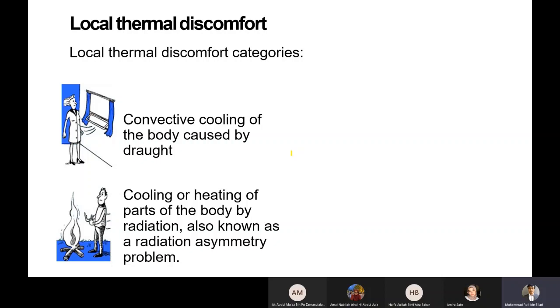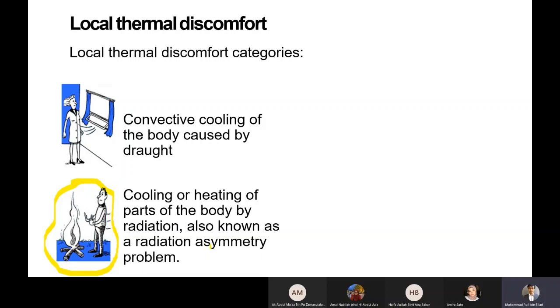You can also feel discomfort when part of your body is cold or hot. For example, here there is an illustration of a man heating the hand. The hand is probably too hot. This is also called radiation asymmetry. When you walk under the sun, you try to cover your face because your face is very sensitive to the heat.